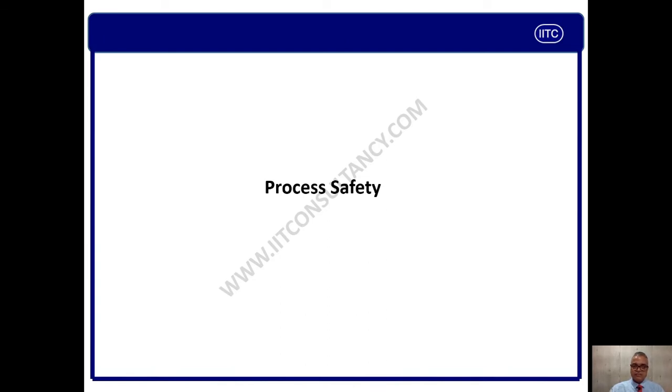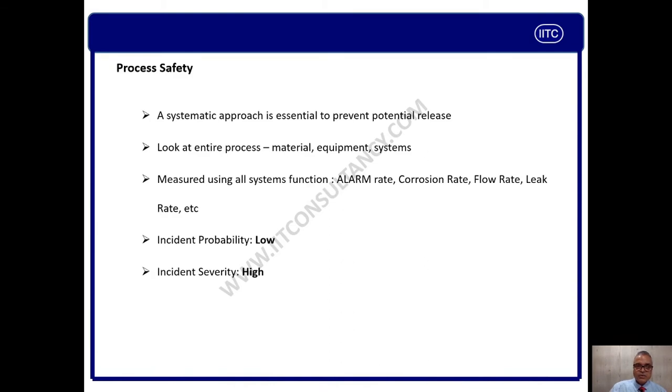As you know, the definition of process safety, as per the name, is the safety of process, which primarily means LOPC, loss of primary containment. Process safety is a systematic approach to prevent potential release or LOPC, loss of primary containment.